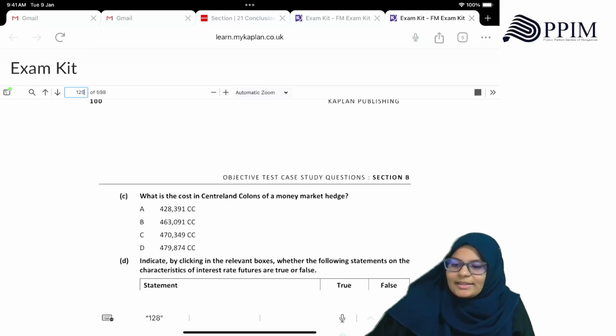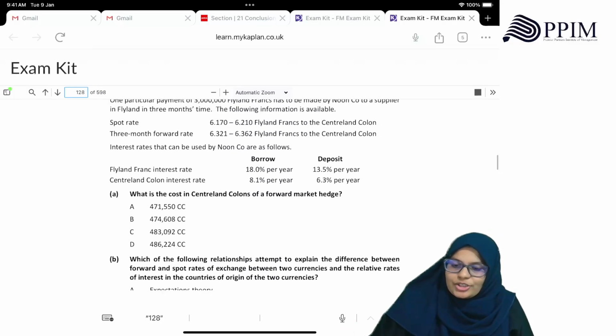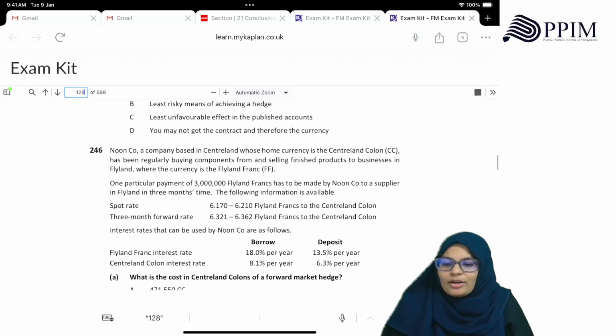What is the cost in Centerland colons of a money market hedge? So they ask you to do a money market hedge for the payment of 3 million Flyland francs. Okay, so this is the second time we are doing a money market hedge today.